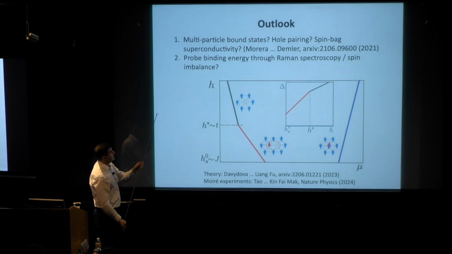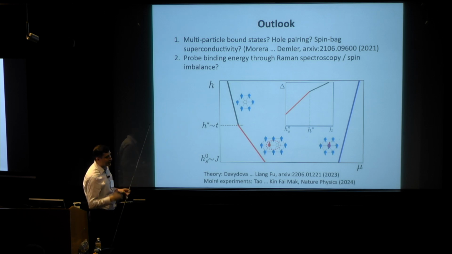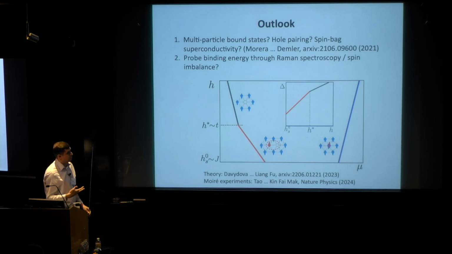So one of the exciting things one could look at in the future is, if you could get a bit lower in temperature, these more complex polarons. Another thing is that so far we've just been taking pictures of these systems, and that doesn't quite prove that you have a quasi-particle.